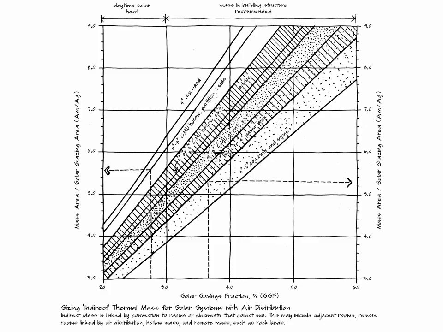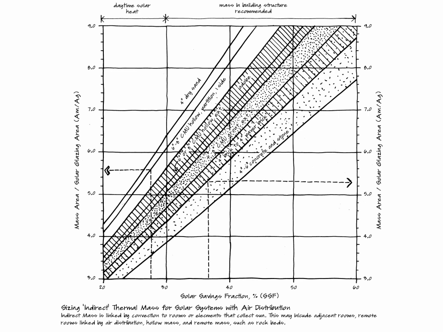Now, we said indirect is in a room that doesn't have the sun, right? So that's mass from, let's say, an air collector system or mass that is being heated by, for instance, air that we've moved from a south room over to a north room, right? It doesn't work as well. You need more of it to do the same job.